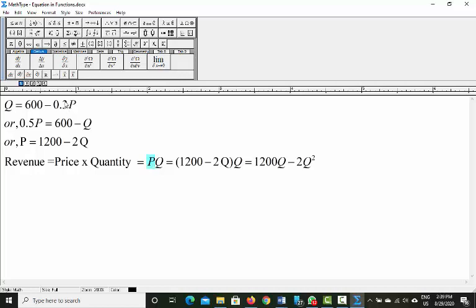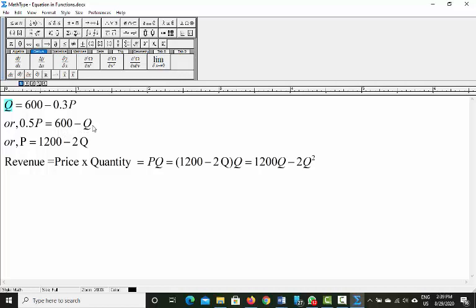So let us find out the expression for P from this equation. If you bring this one from the right to the left hand side, it will become plus, and if you bring this one to the right hand side, it will become minus. So here 0.5p is equal to 600 minus q.